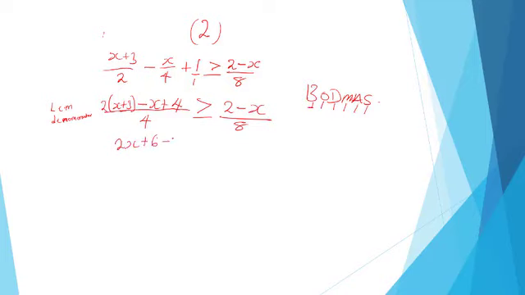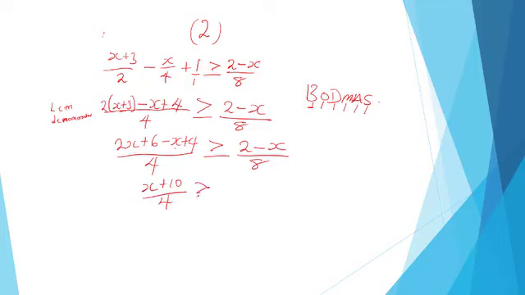Then we have a minus x plus 4 over 4 should be greater than or equal to 2 minus x over 8. Now let's do the simple arithmetic. 2x minus x is x. 6 plus 4 is plus 10 over 4 to be greater than or equal to 2 minus x over 8.